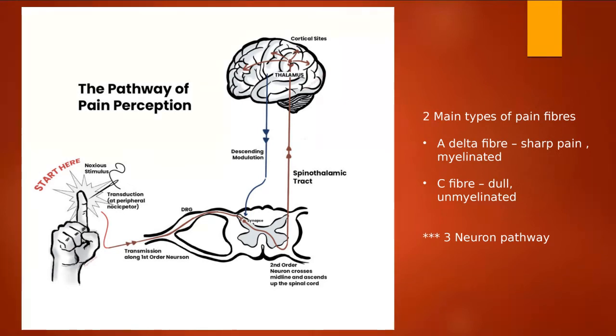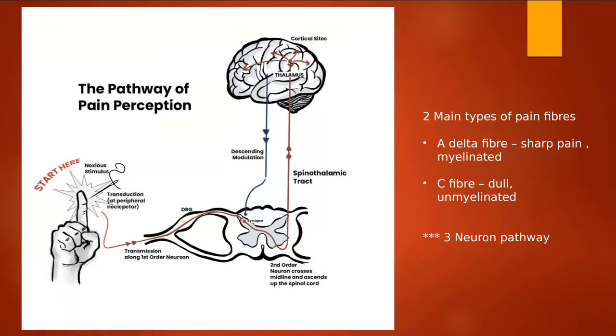Now, at the end of the axon terminal of the first neuron, we've got a neurotransmitter called substance P that's released to the second neuron. So basically, your first neuron is communicating with the second neuron through this neurotransmitter to send the signal. And we call that synapse.